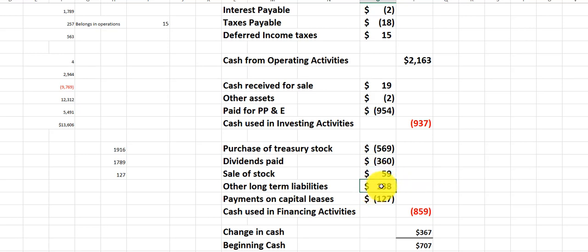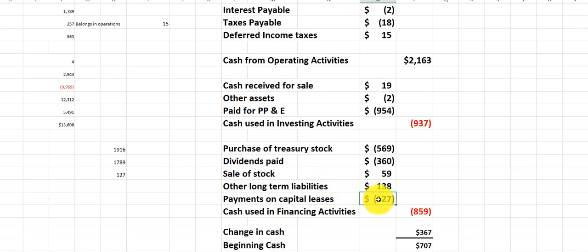There was a change in other long-term liabilities because the financing section deals with liabilities and owner's equity. So assets, long-term assets here, equity and long-term liabilities here.